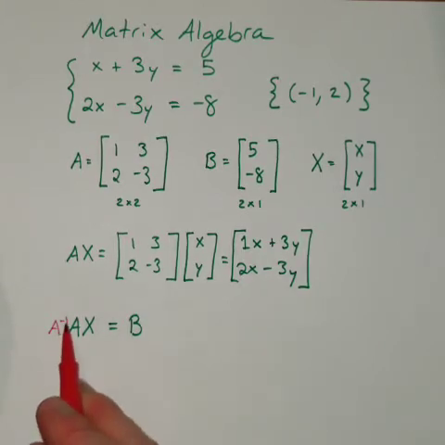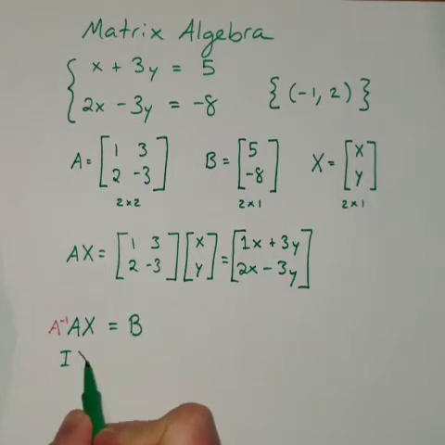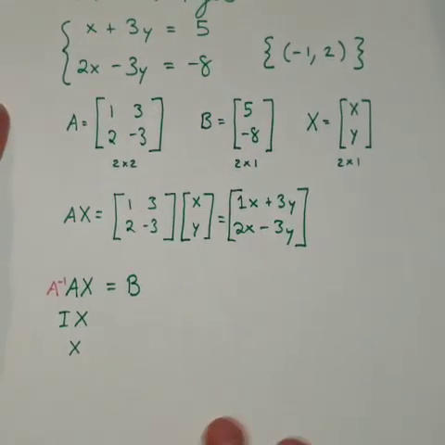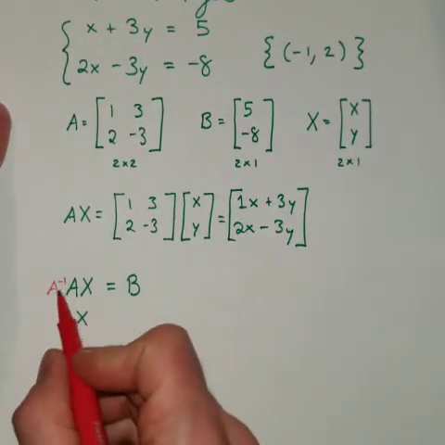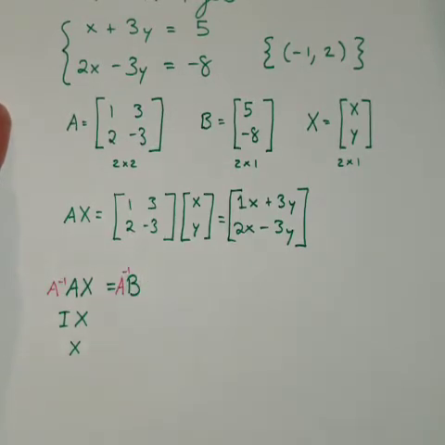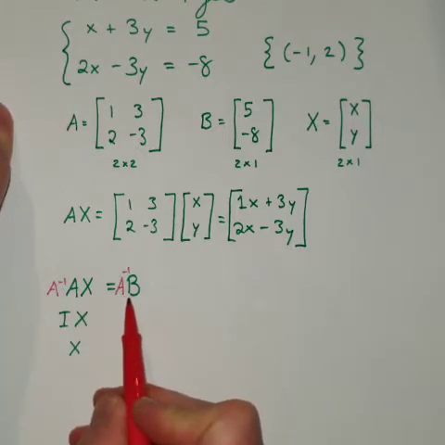So A inverse times A eliminates the A's, and it becomes I times X, the identity times X. And the identity times anything is just itself. However, on the right-hand side, the A inverse matrix must be multiplied in the same position. The reason for that is that matrix multiplication is not necessarily commutative.